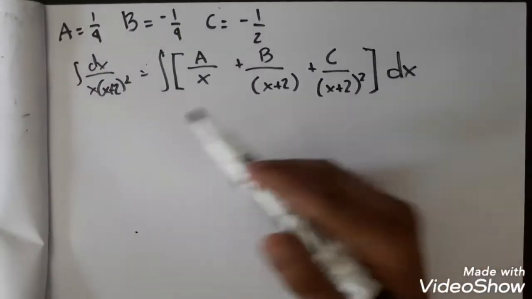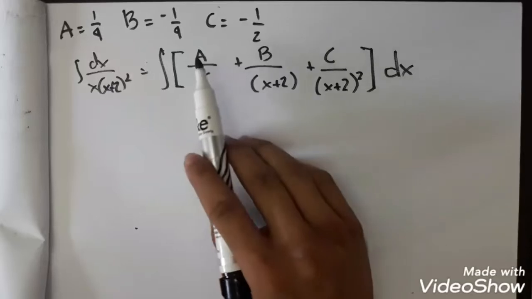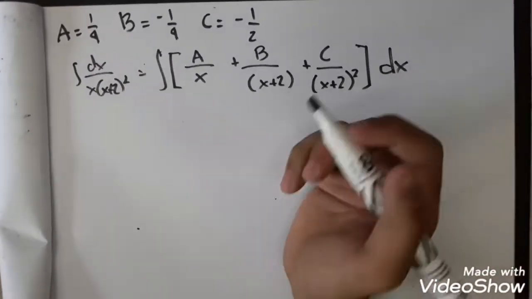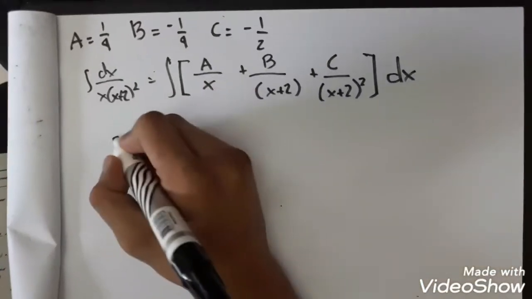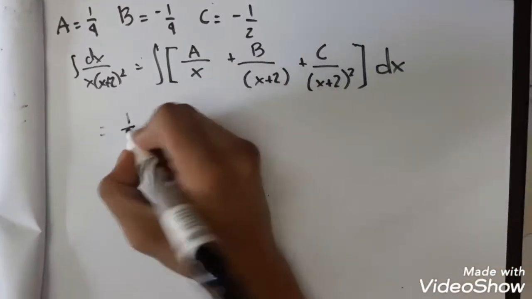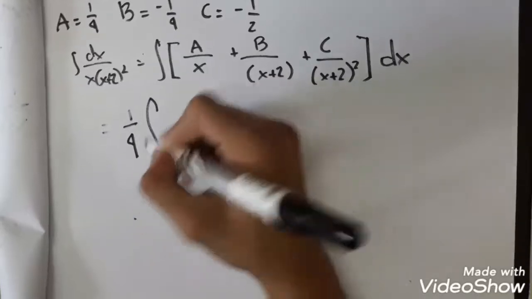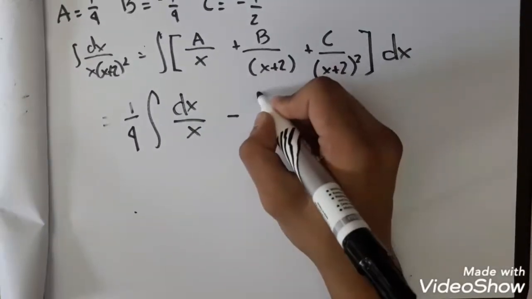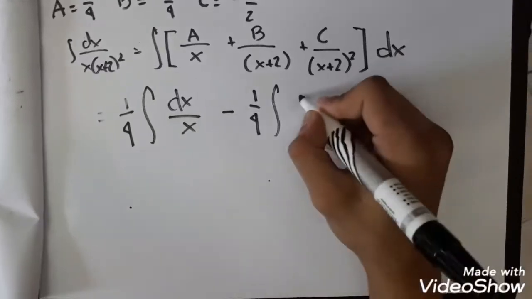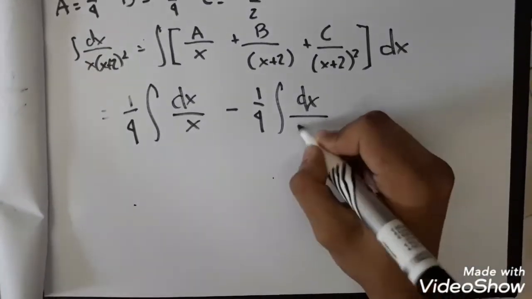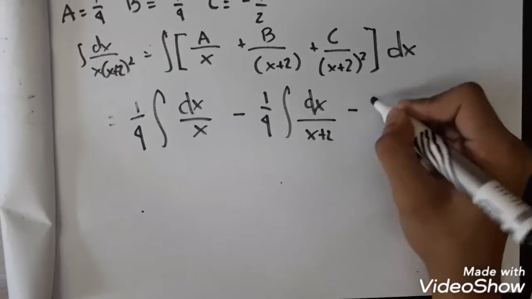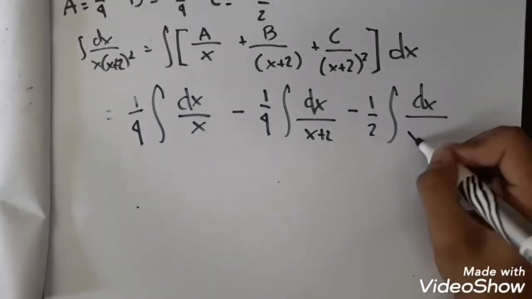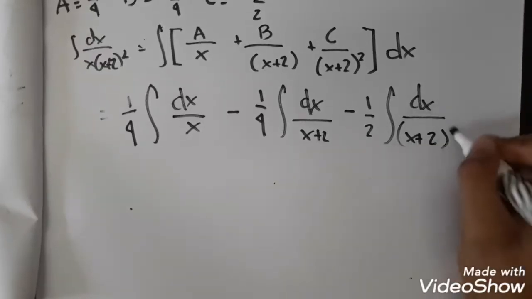After getting the values for a, b, and c, we can now substitute these values into the equation that we made a while ago. This will give us 1/4 integral of dx over x minus 1/4 integral of dx over x plus 2 minus 1/2 integral of dx over (x plus 2) squared.